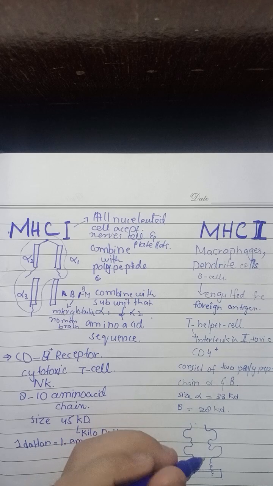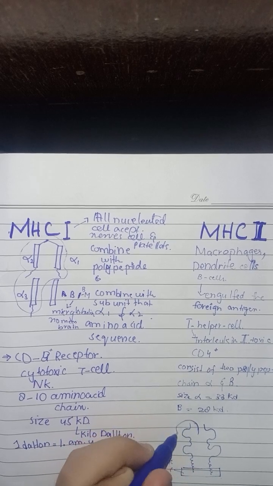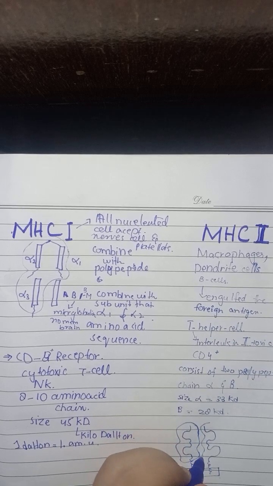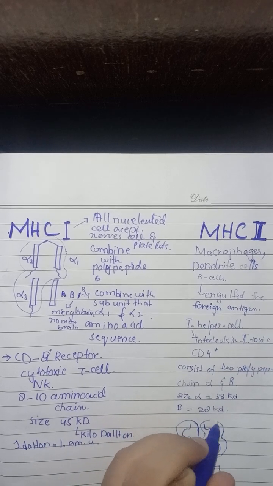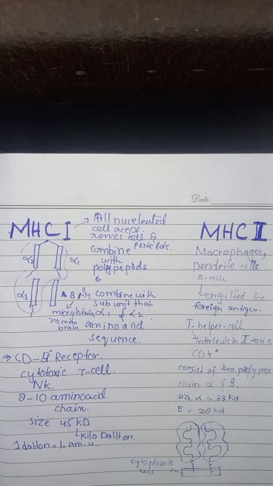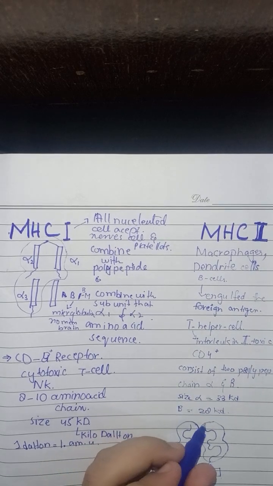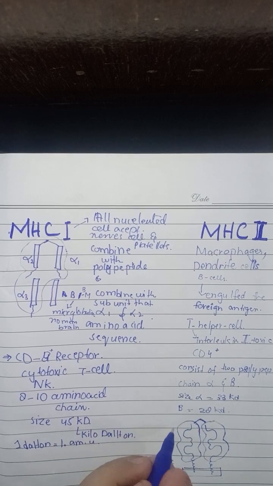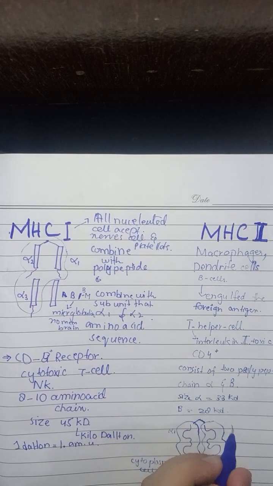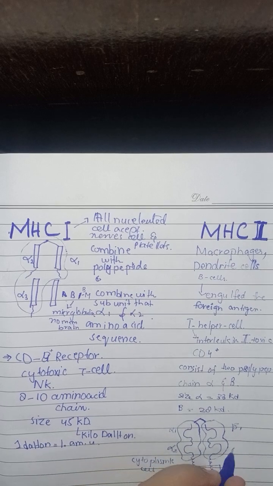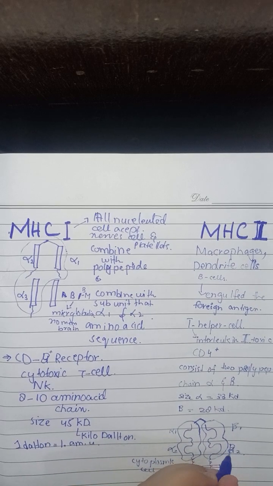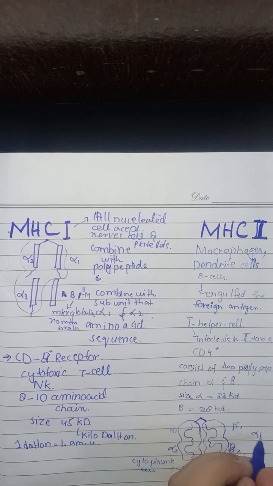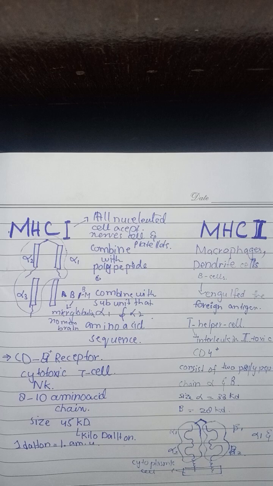When any antigen comes, they will represent the antigen on this side. This is the alpha 1, this is the beta 1, this is alpha 2 and beta 2. So they will represent over here on the alpha 1 and beta 1.